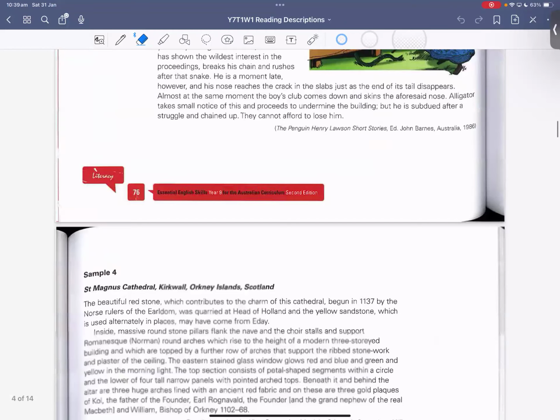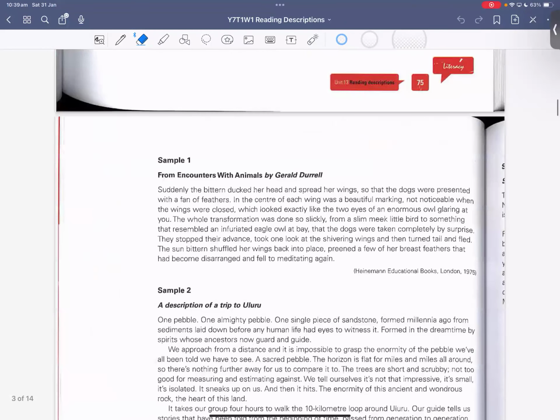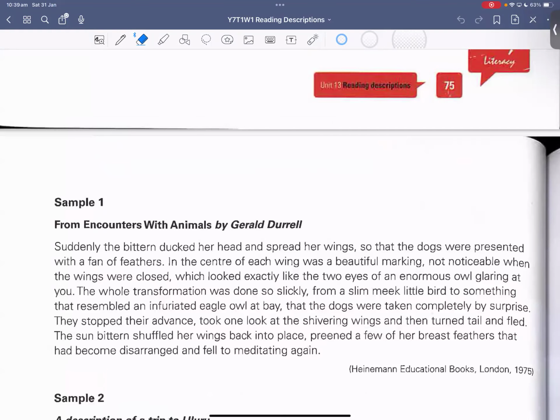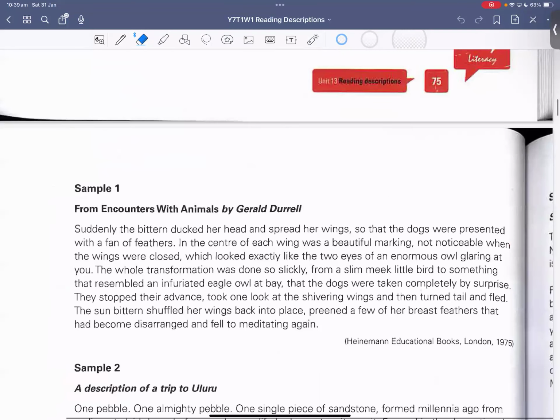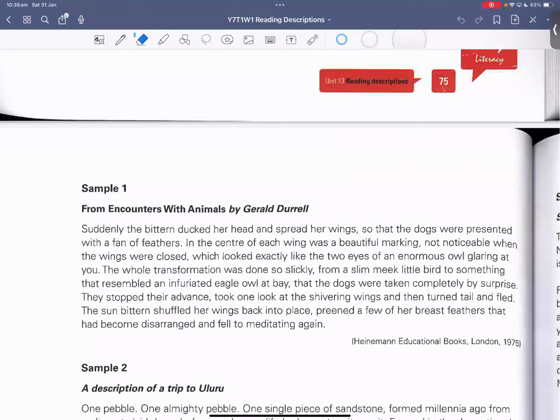Sun her head and spread her wings, so that the dogs were presented with a fan of feathers. In the center of each wing was a beautiful marking, not noticeable when the wings were closed, which looked exactly like the two eyes of an enormous owl glaring at him. The whole transformation was done so slickly, from the slim, neat little bird to something that resembles an infuriated evil owl at bay, that the dogs were taken completely by surprise.